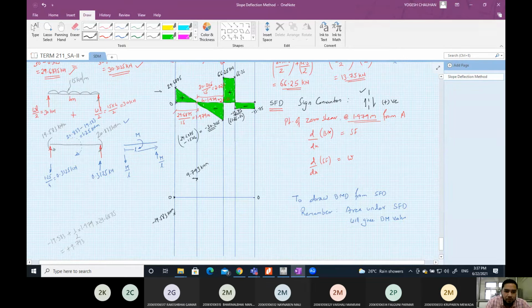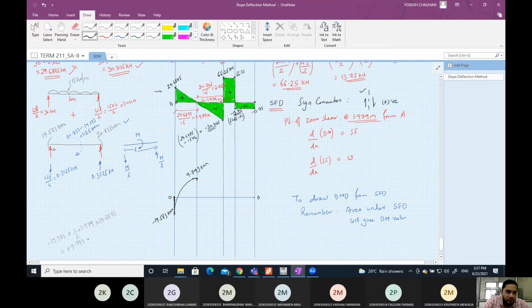So the slope will be minimum when the tangent is almost horizontal. If you draw the curve, it will be like this. And from here to here, like this.